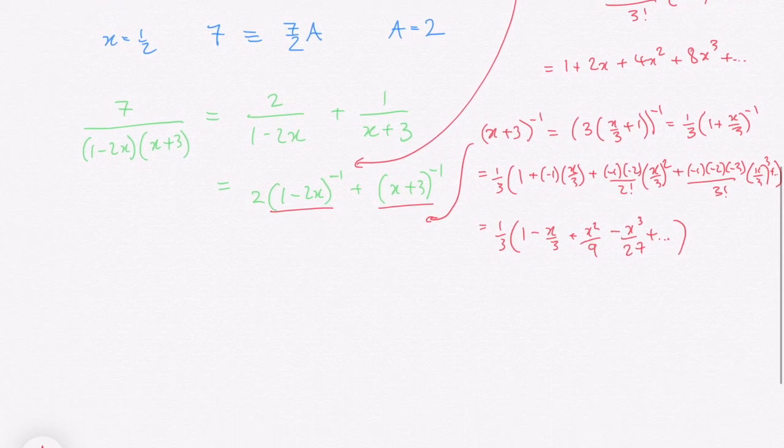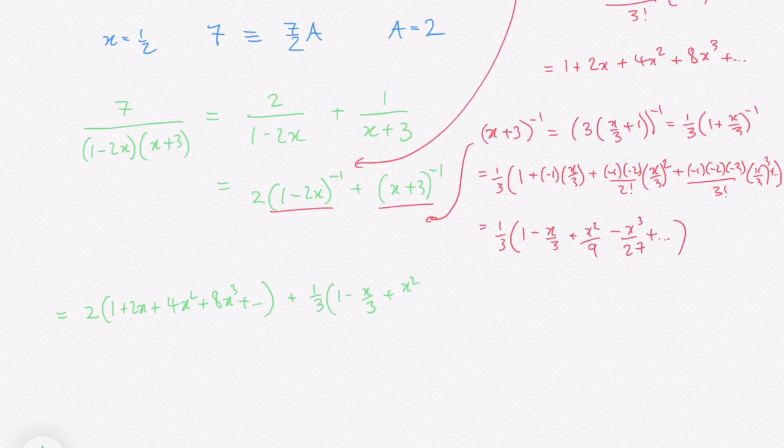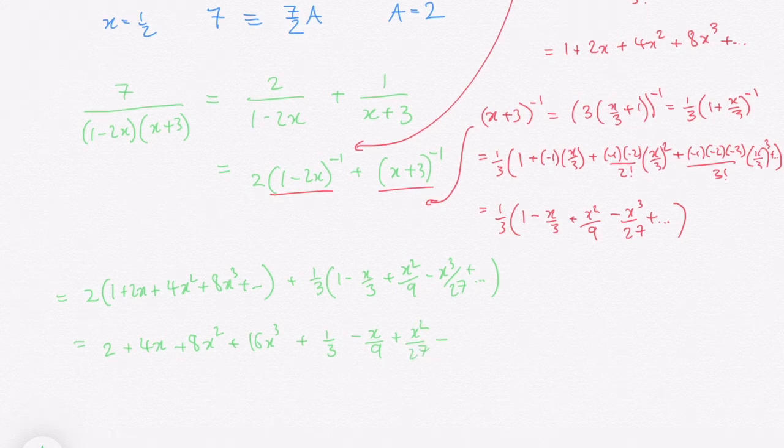So we have 2 lots of 1 plus 2x plus 4x squared plus 8x cubed, plus a third of 1 minus x over 3 plus x squared over 9 minus x cubed over 27, which is equal to 2 plus 4x plus 8x squared plus 16x cubed plus 1/3 minus x over 9 plus x squared over 27 minus x cubed over 81 plus the higher order terms.